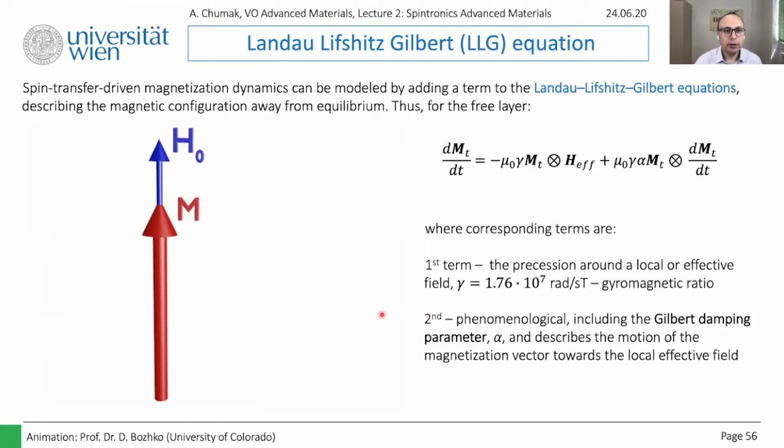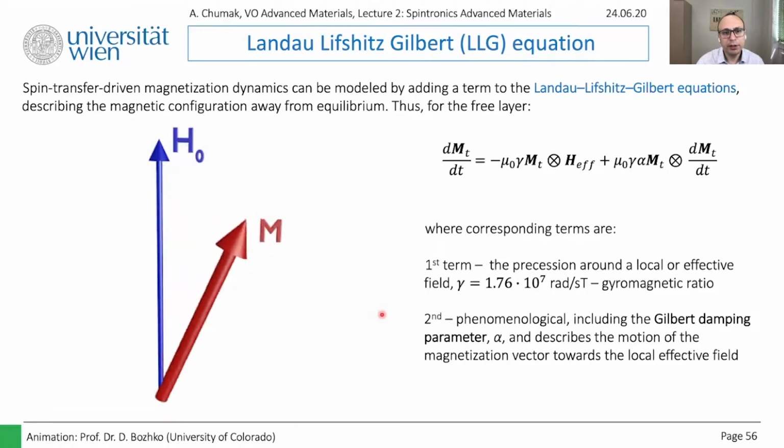And then what you can see in the animation is that when you create such an angle between applied field and M, H is kind of pulling M back. As we know already, magnetization prefers to stay along the applied magnetic field in ferromagnetic structures.